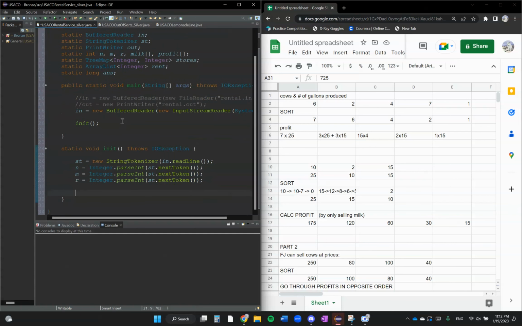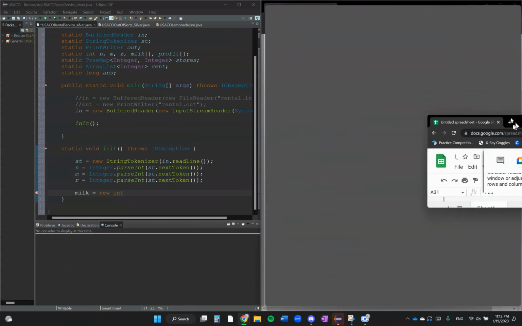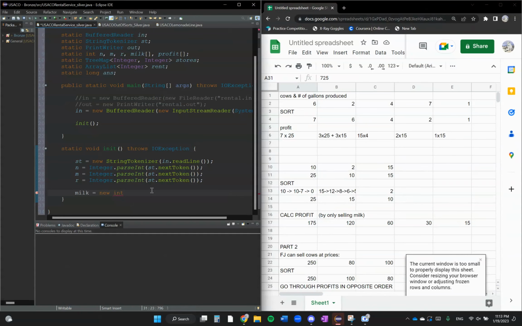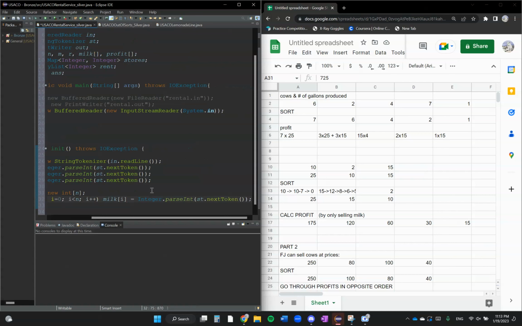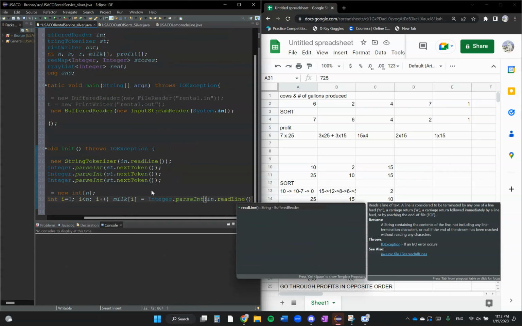And then after that, let's set milk. So milk equals new int[n]. Yeah, n cows, m stores, and r farmers, so it's in order. For int i equals 0, i less than n, i plus plus, milk at index i is going to be Integer.parseInt(in.readLine()), since each of them is going to be on a new line.